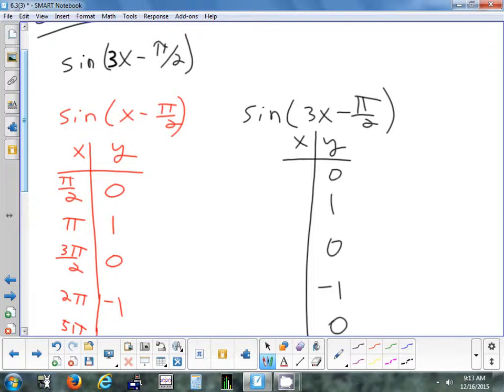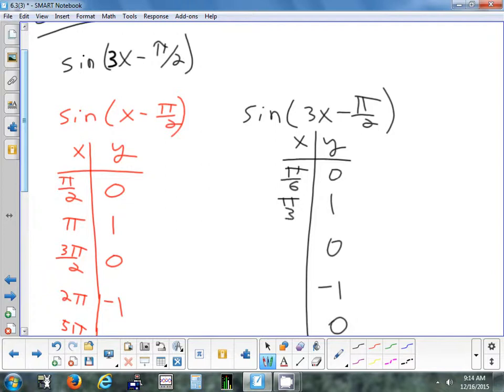Okay, so my first x value will become pi over... so we're going to take pi over 2. What are we going to do to it? Pi over 6. We're going to multiply by 1/3. Okay, so that's pi over 6. Questions on that? Right, how about the next one? Pi over 3.